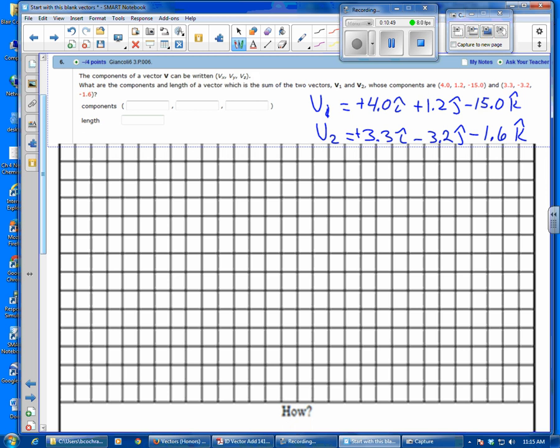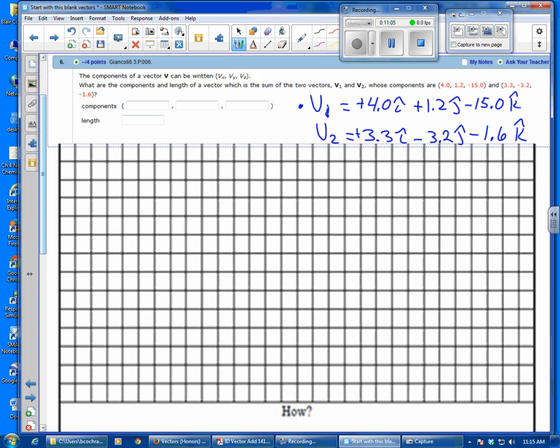So now this one is kind of fun. These are kind of funky to draw. I'm going to do v1 in blue. I tell you, the drawing of this will be the hardest.